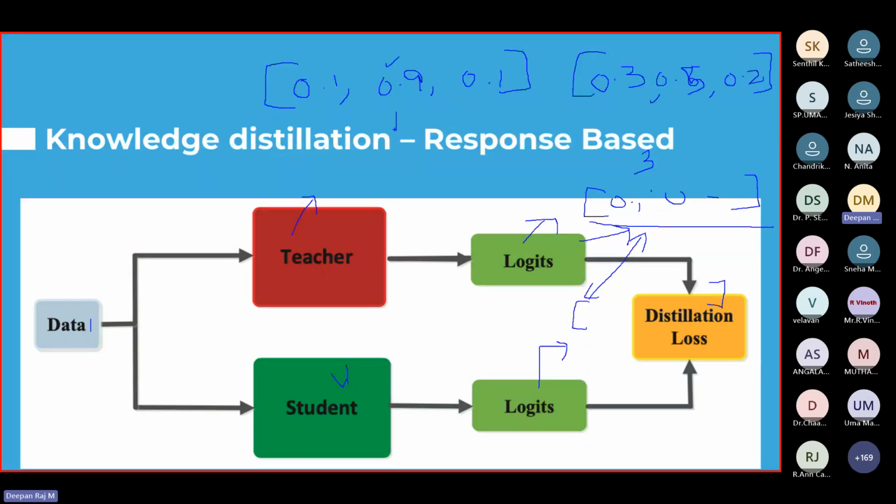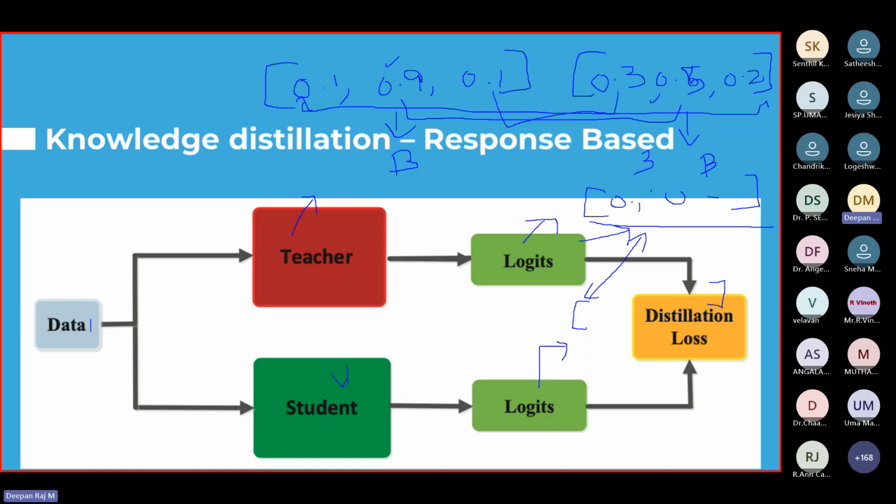This is represented as class B detection, and this is also printed as class B. But if I use cross entropy, I might have very minimal loss deviations. Since I'm trying to mimic the teacher, I want to make sure the distance between these two should be very, very close, and the distance between these two should be close, and the distance between these two should be close.